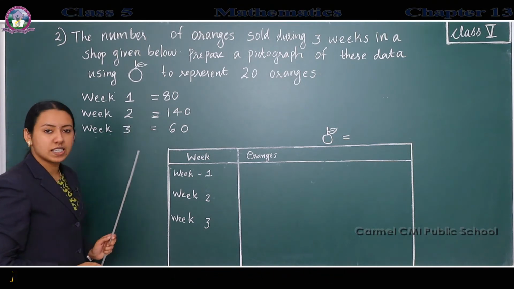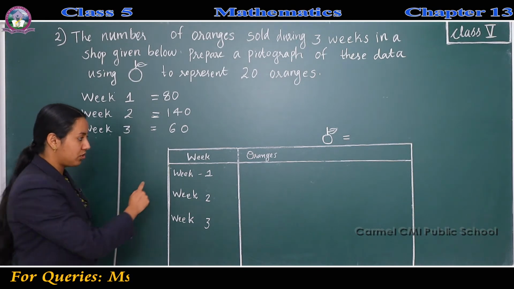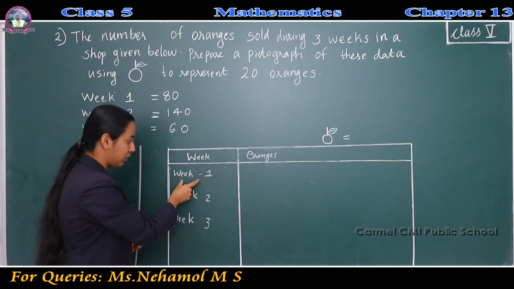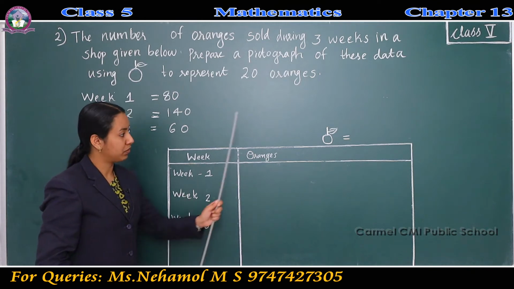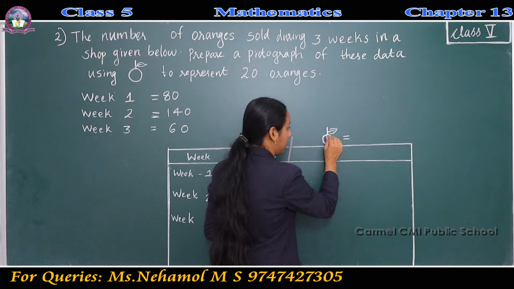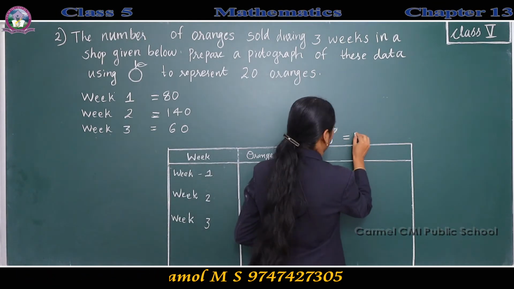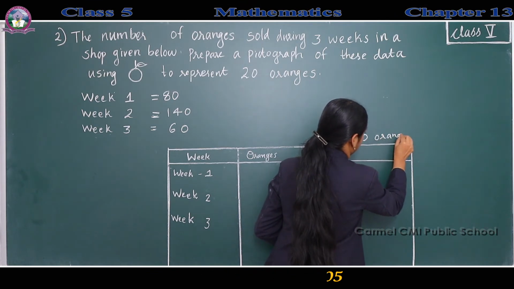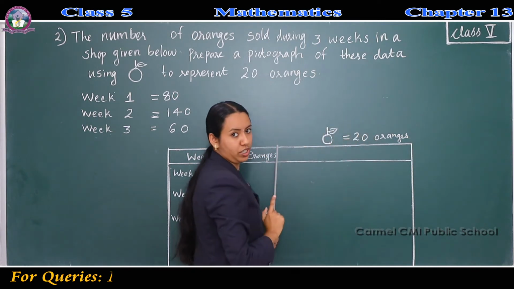Week 3, 60 oranges. How can we draw the pictograph? First, draw the columns: week 1, week 2, week 3. Then oranges. First we draw one picture and say one picture is equal to 20 oranges. This is the scale of the graph.